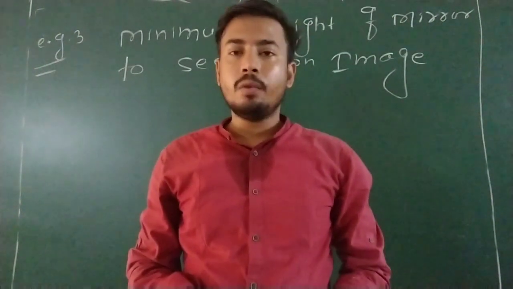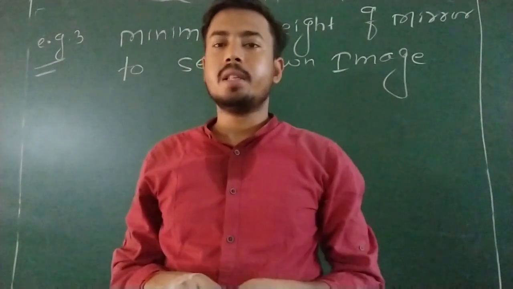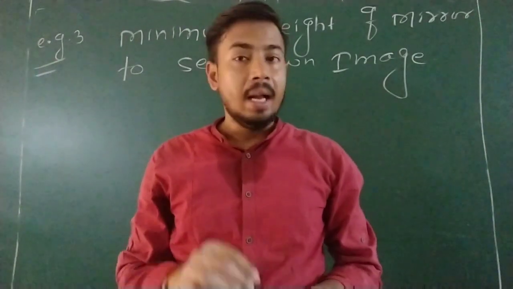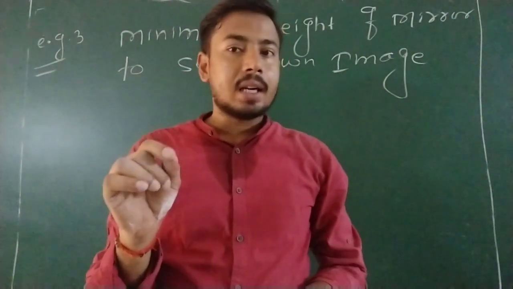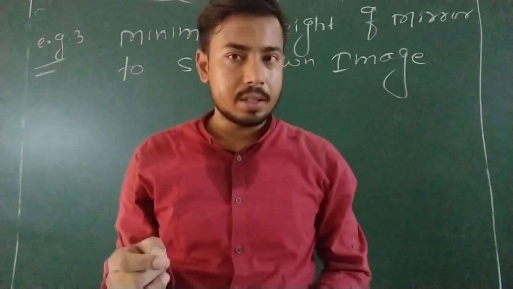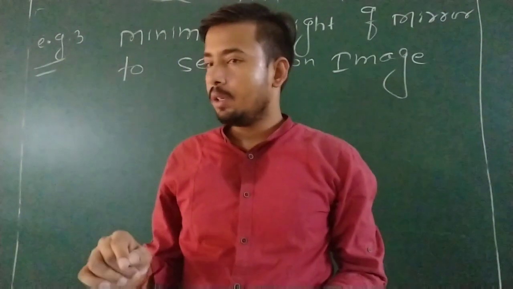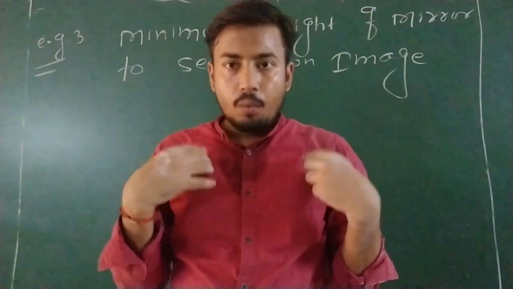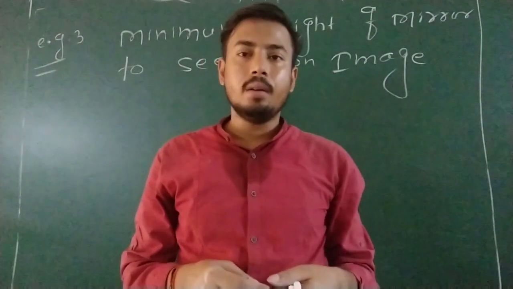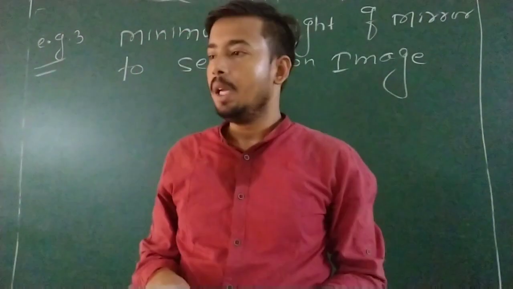In the first lecture, introduction of ray optics, I told you we are able to see any object only in one condition: whenever light, directly or indirectly after reflection or refraction, reaches our retina, our eye. You are able to see me, and I am able to see this camera because light of this camera reflects, reaching our eye.